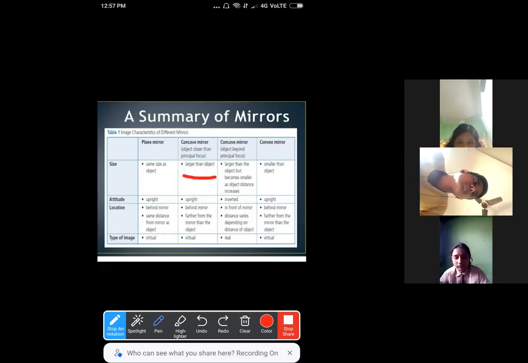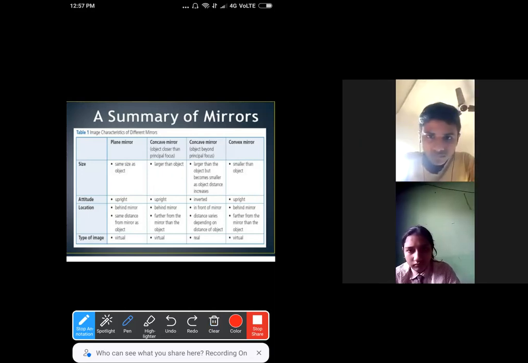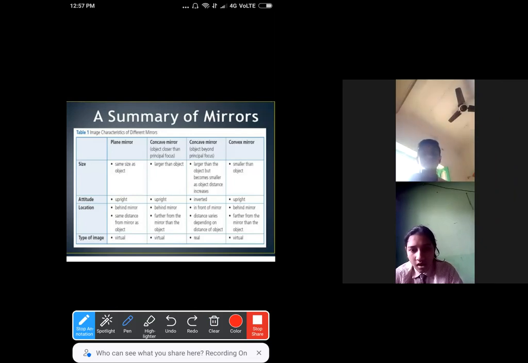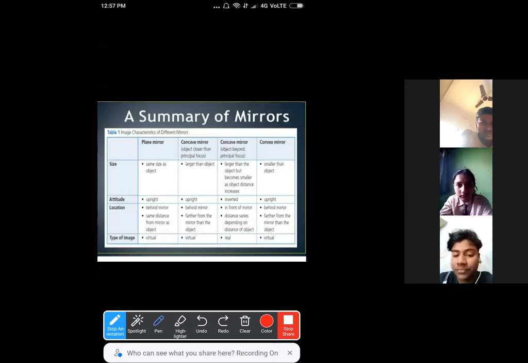When the object is closer than the principal focus, then the image will be larger than the object. So it will zoom in. But if in a concave mirror the object is beyond the principal focus, then it will be larger than the object, but smaller as object distance increases. That means the distance between the concave mirror and the object.